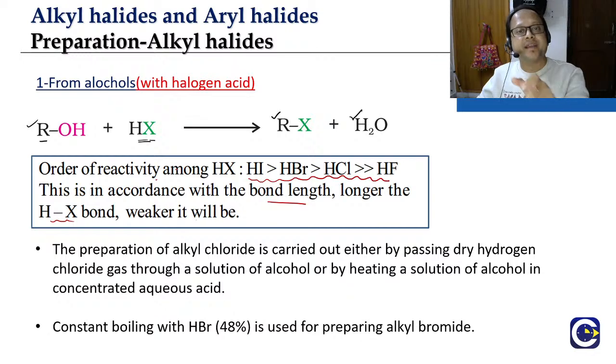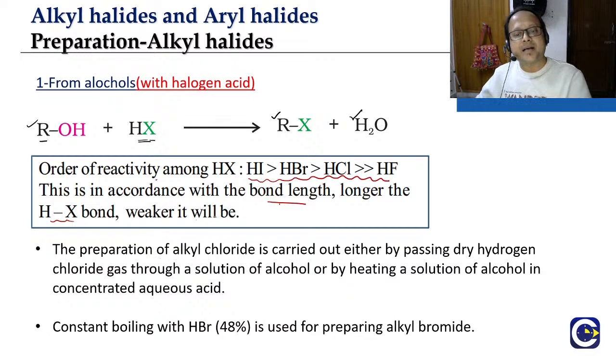HF is one of the weak acids of which many questions were there, right? So this is what we have got here with halogen acids, straightforward, replace them. But then there are certain conditions under which it can be done, right? So generally what do?